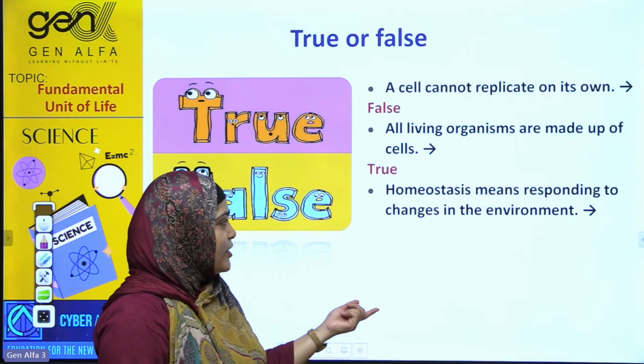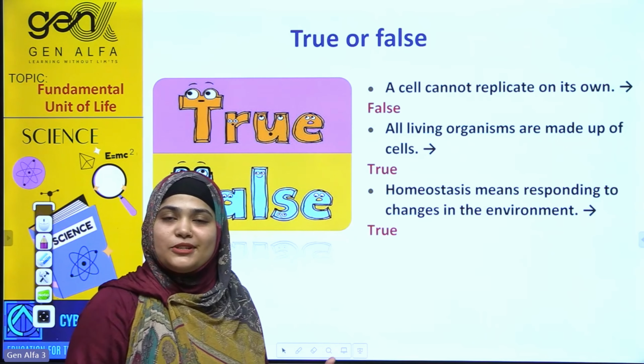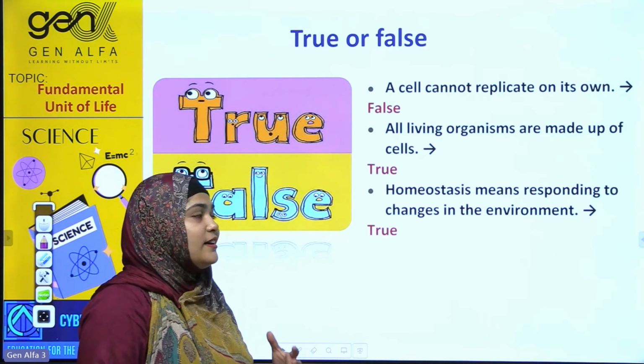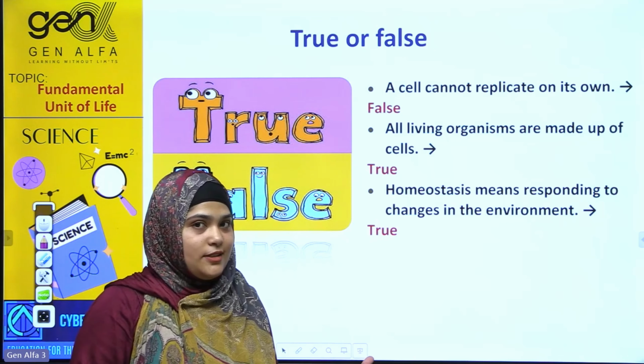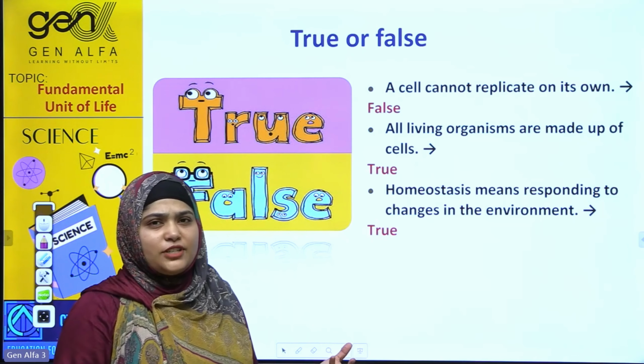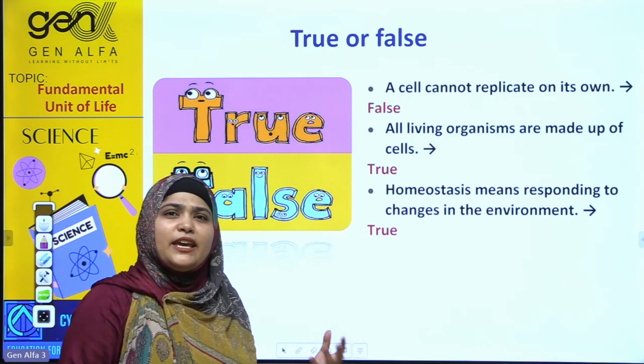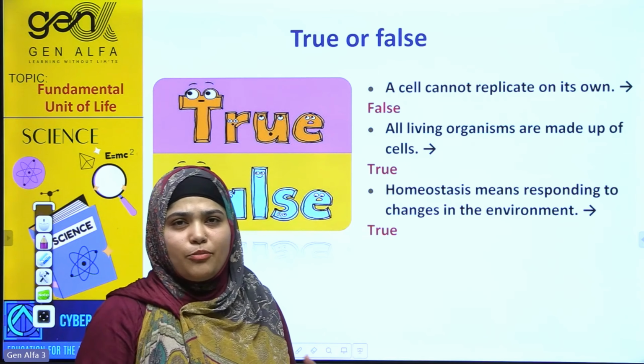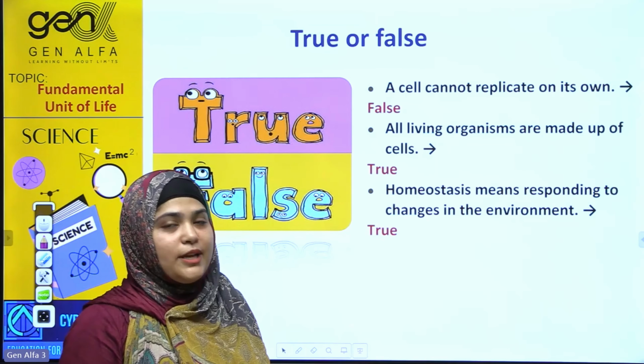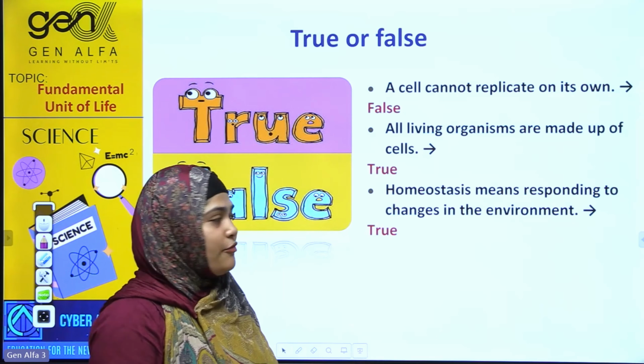Stop. And your answer is true. Yes, of course. Homeostasis is basically responding to changes in the environment. I told you different types of changes take place: temperature changes, pH, salt level changes in your body. So this is controlled by the homeostasis mechanism of our cells.